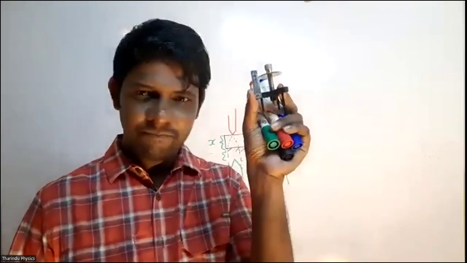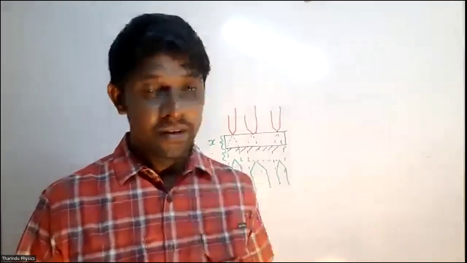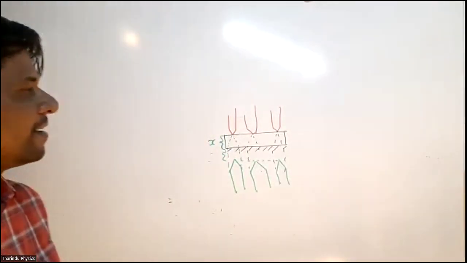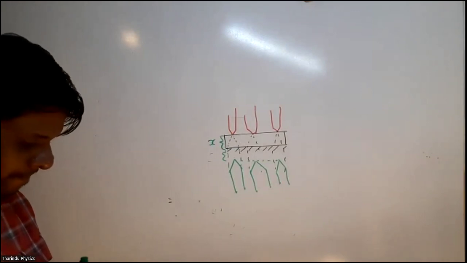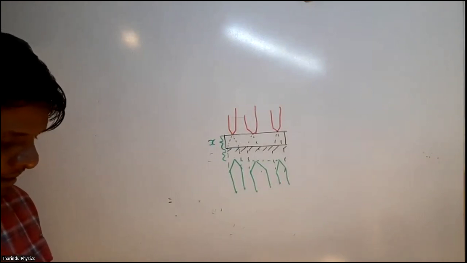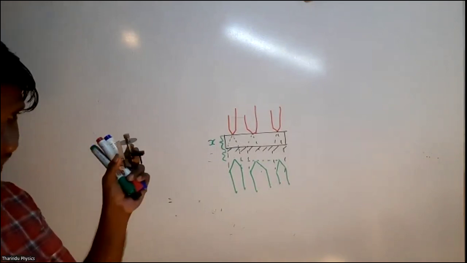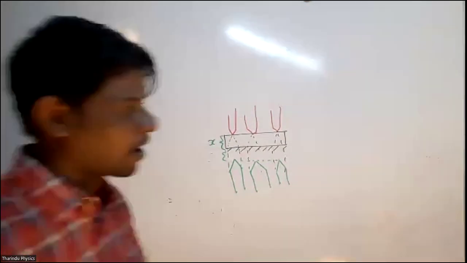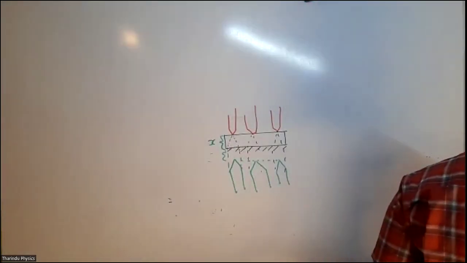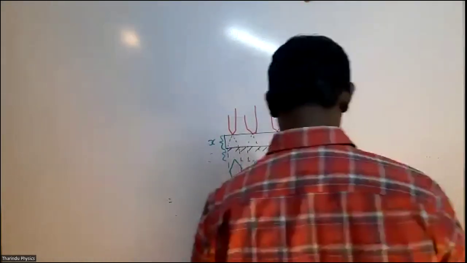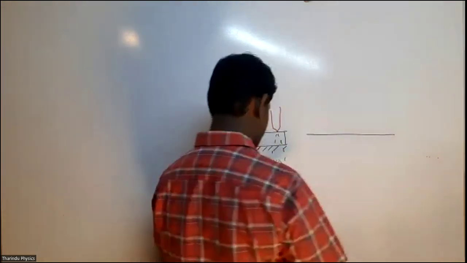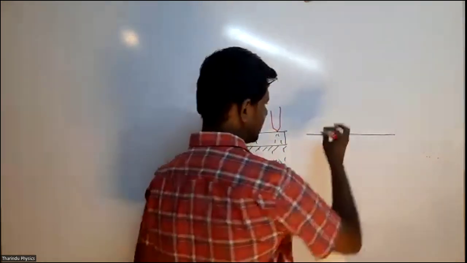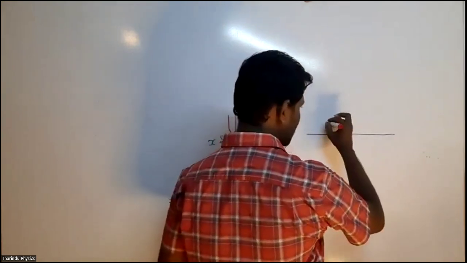Now what? Keep the spherometer on top of the glass block. This is the table. This is the glass block.